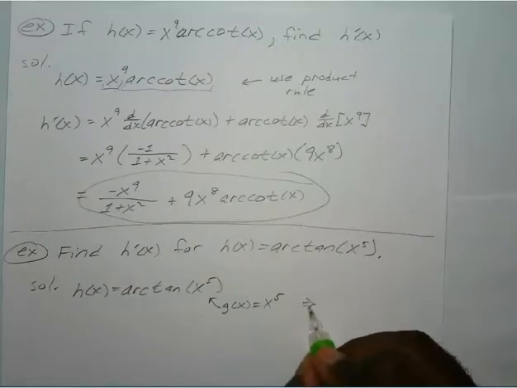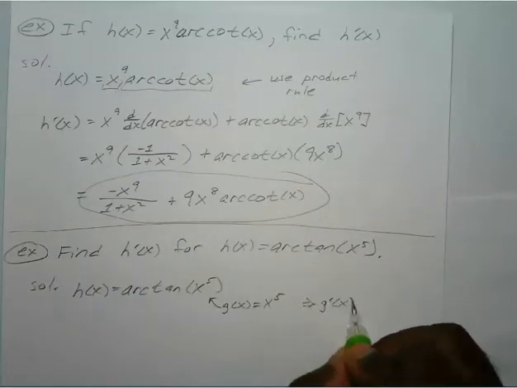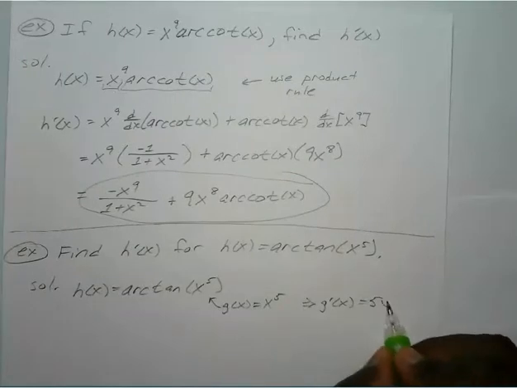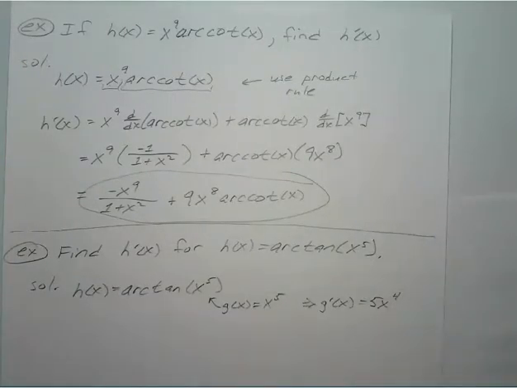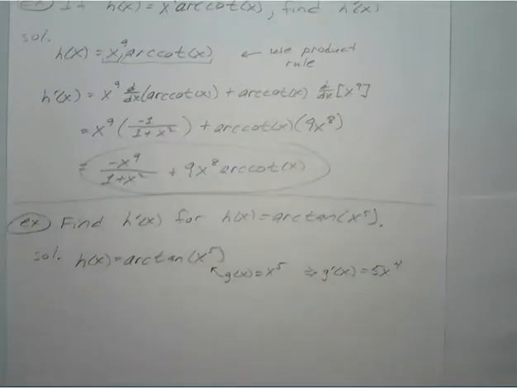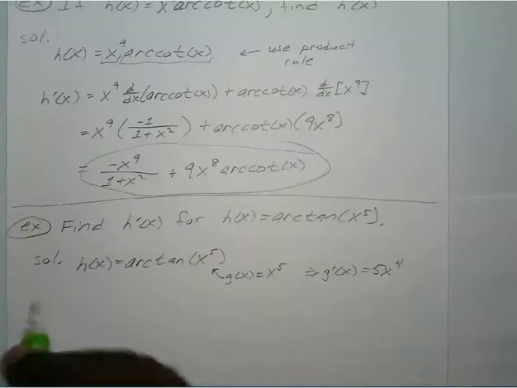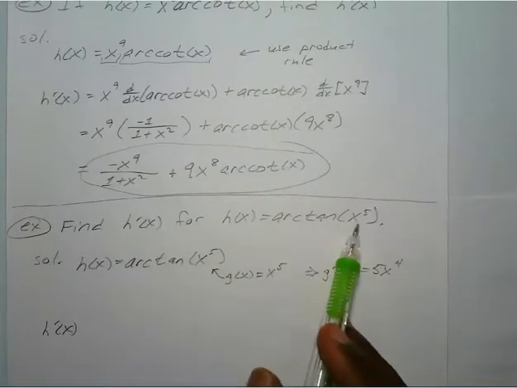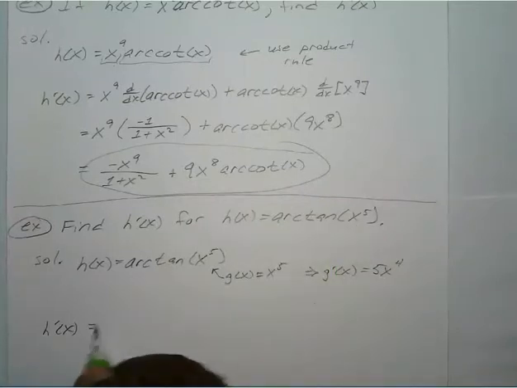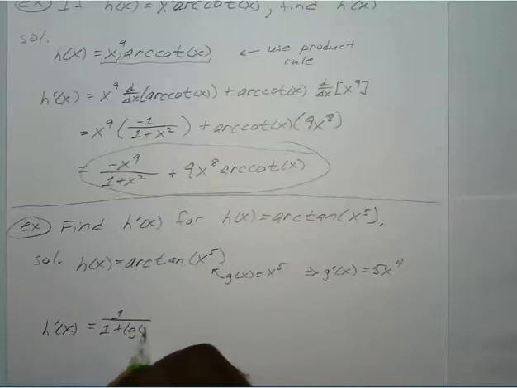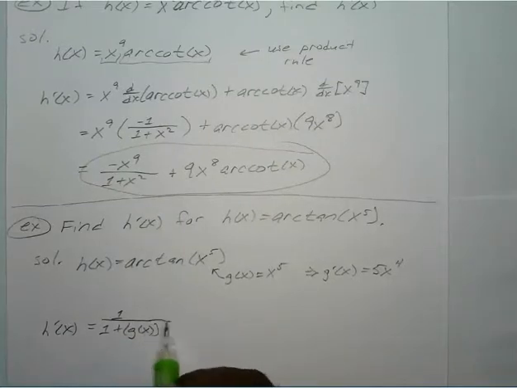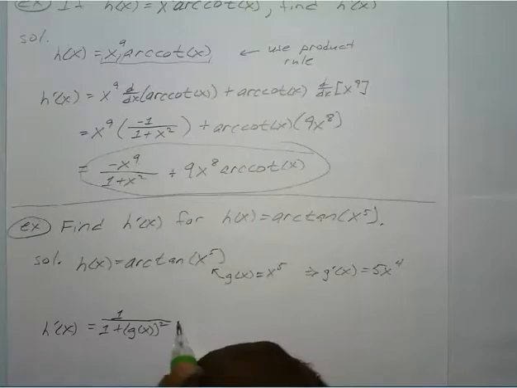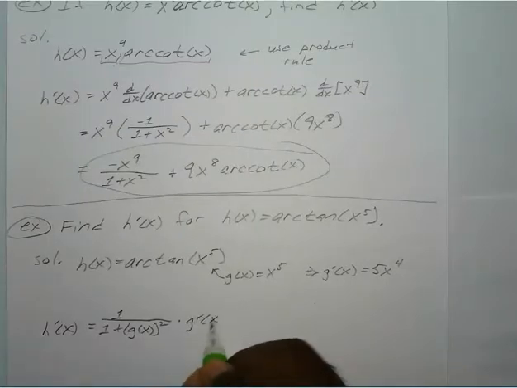So that means your g prime of x is equal to 5x to the fourth power. To find our derivative for arctangent of a function of x, remember that's equal to 1 over 1 plus that function of x squared times the derivative of that function.